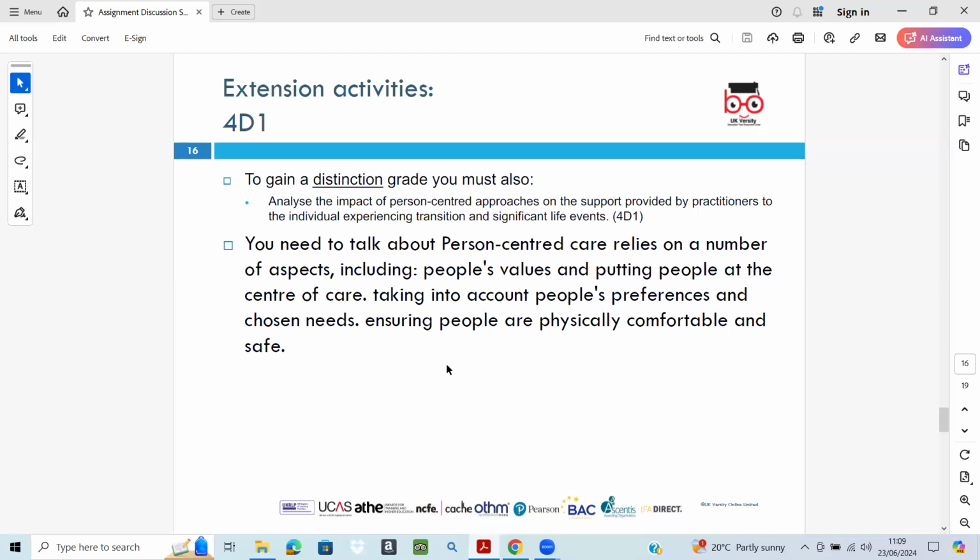For example, person-centered care prioritizes the physical comfort, safety, and security of the individual. If you talk about taking into account chosen needs and comfort, we know that person-centered care considers the holistic needs of the individual. It could involve physical, emotional, social, and psychological aspects of well-being.